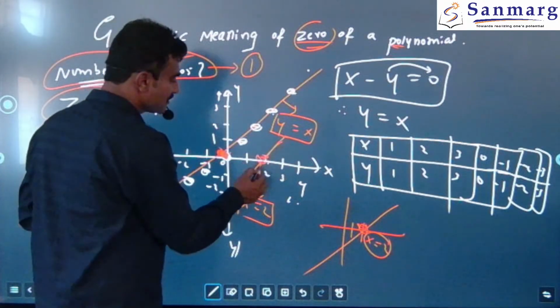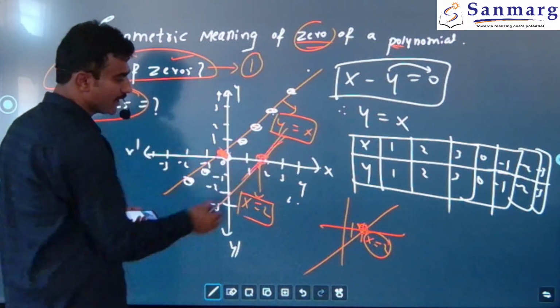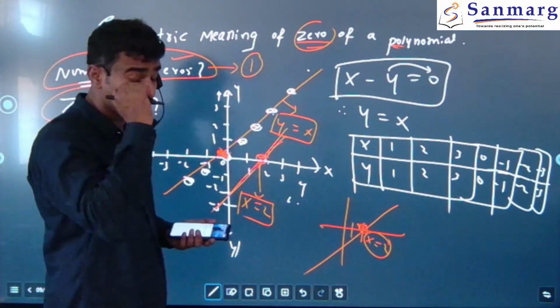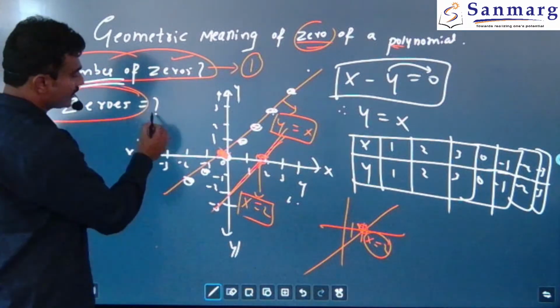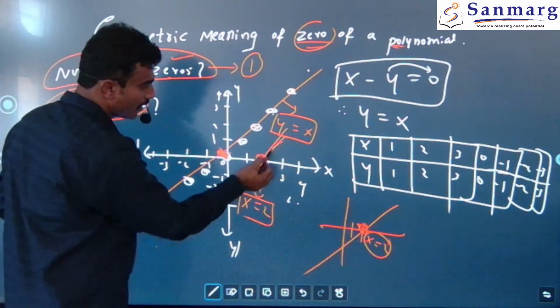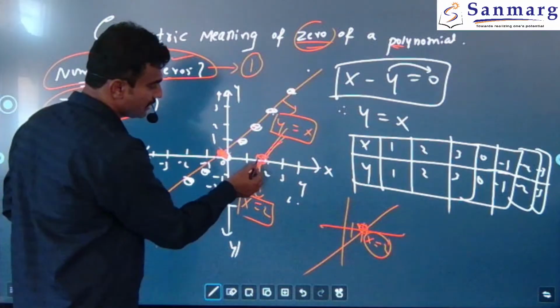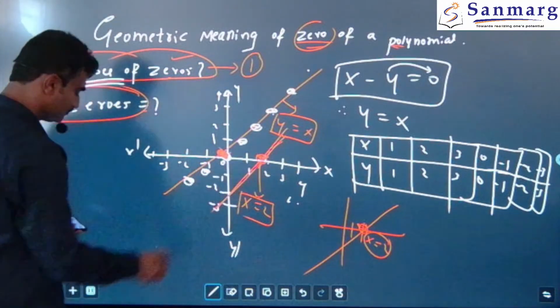And how many times is the line passing through the x-axis? Just one time, so the number of zeros will be 1. So the zero is found just by observing the point where the line touches the x-axis, that is 2.